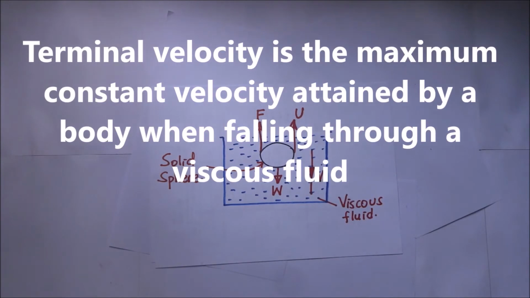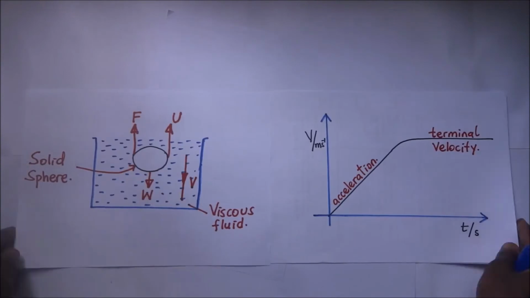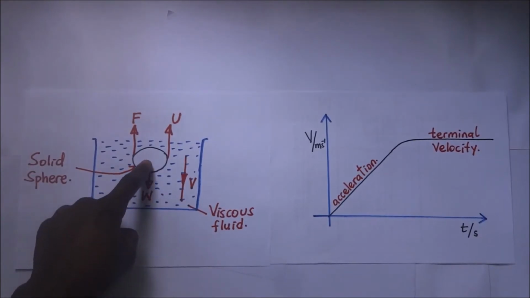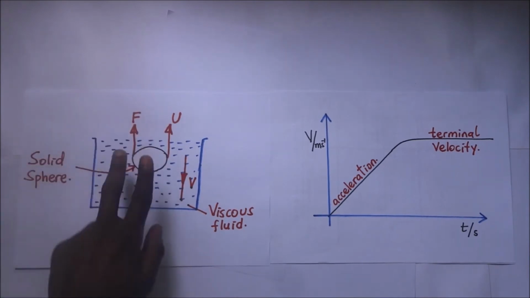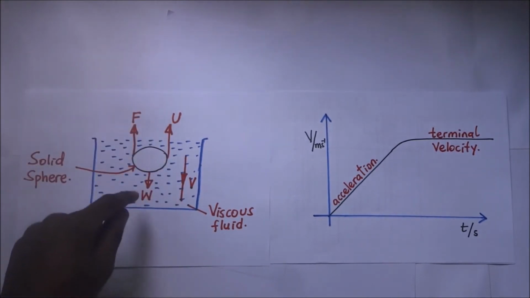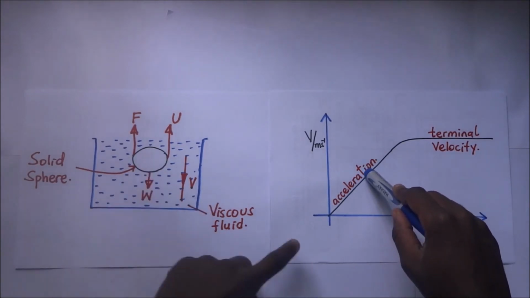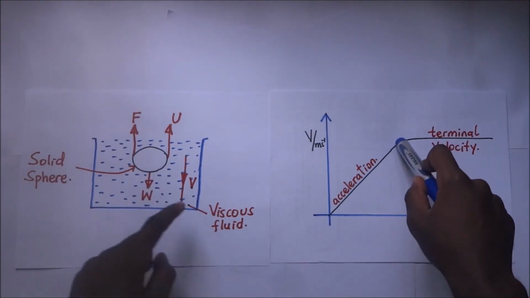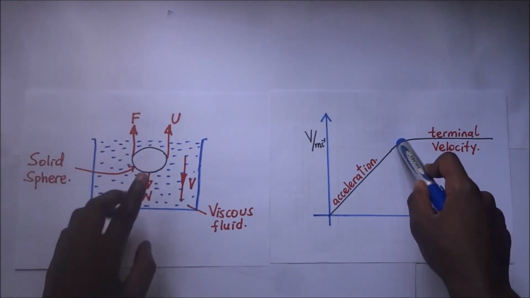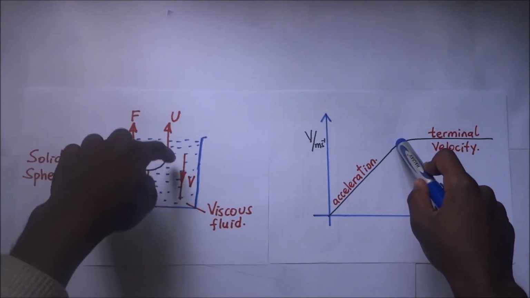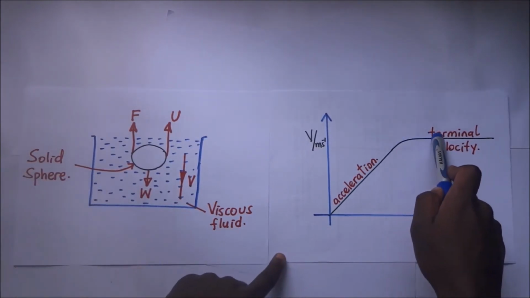Let's look at this in terms of a graph. What I'm trying to say is this: at the beginning the weight of this ball is bigger than the upward forces. The downward forces are bigger than the upward forces, and as a result there will be some level of acceleration as a result of the resultant force. But it's going to reach a point whereby the resultant force on this body is zero, and so this body will start moving through this viscous fluid at a constant velocity.